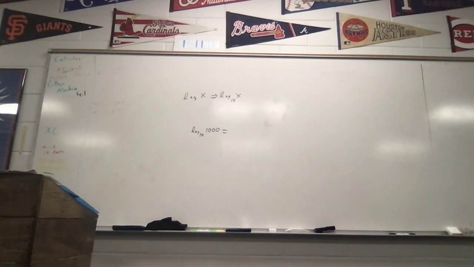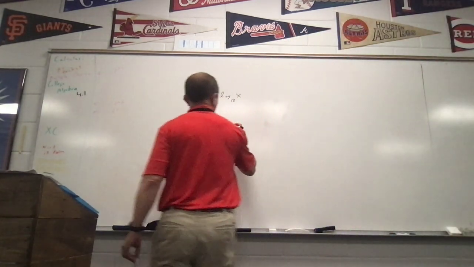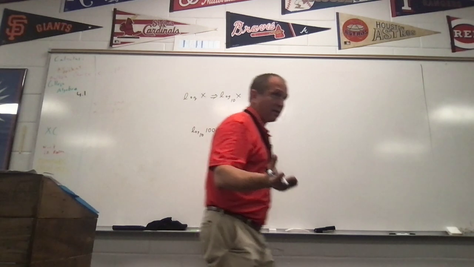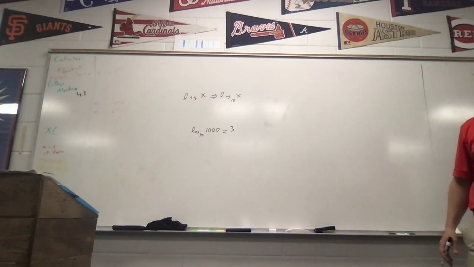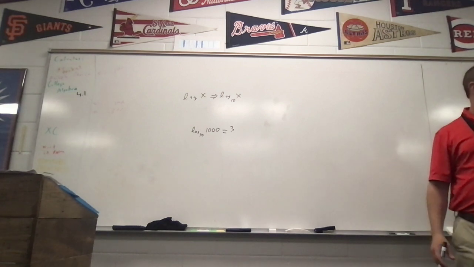And what's 100 times 10? 1,000. So what did we raise 10 to get 1,000? Be careful, not 100. 3. Does that make sense? If we multiply it times 100, we get 1,000. But exponentially, it's that. So the log base 10 of 1,000 is 3.